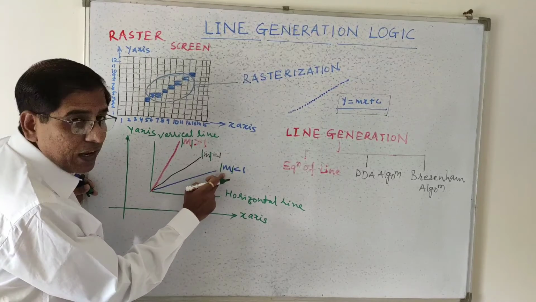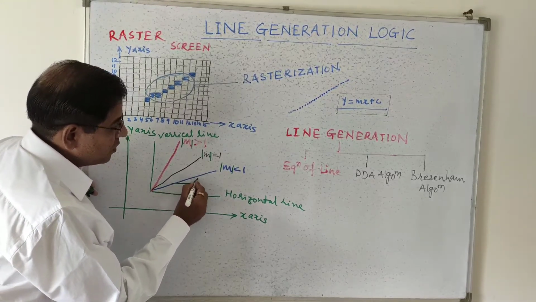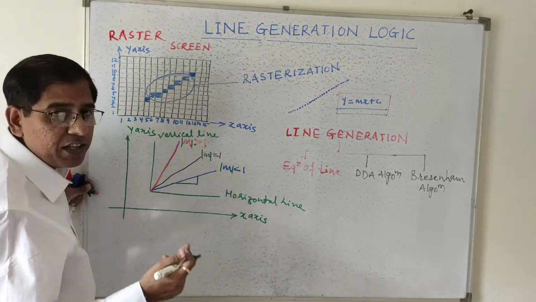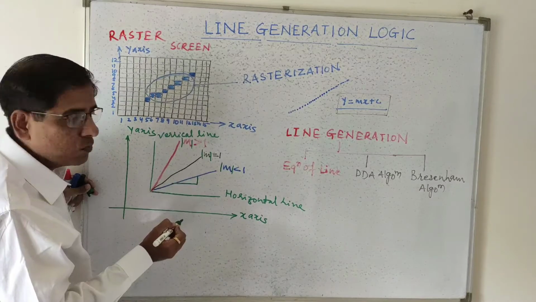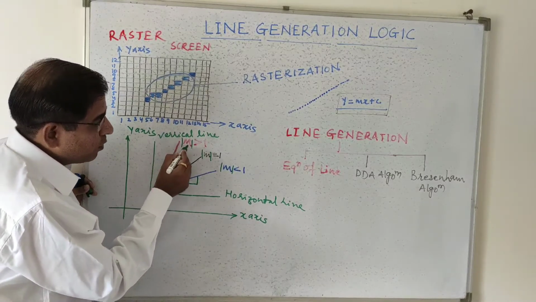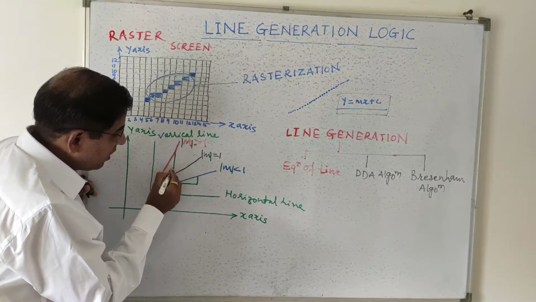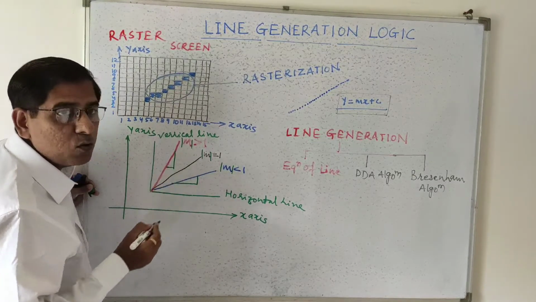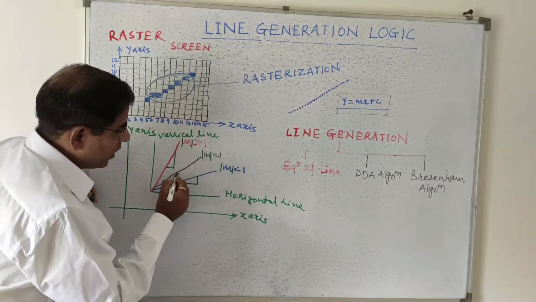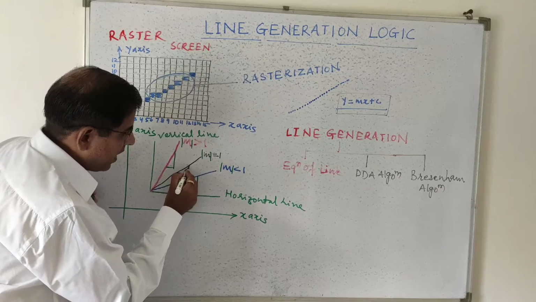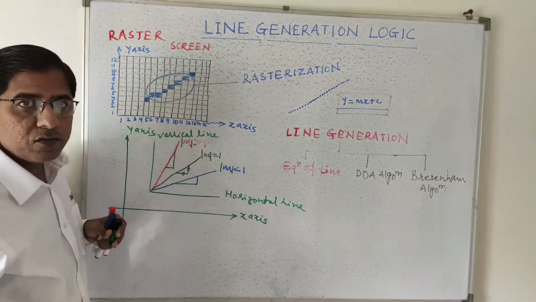In case of slope less than 1, the value of x is incrementing very fast as compared to the y value. In case of slope greater than 1, the value of y is changing very fast as compared to the value of x. In case of slope equal to 1, both y and x are incrementing in the same order.